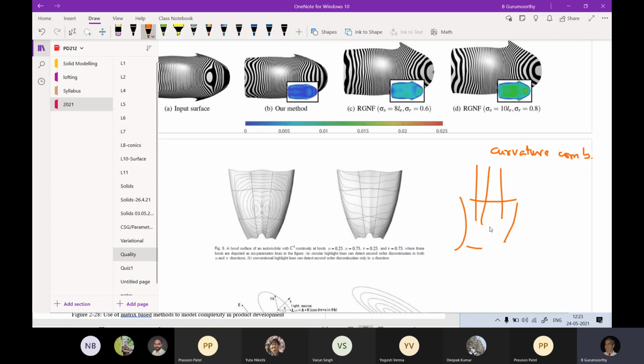Instead of rectilinear lines, if you use circular lines, we treat the light source as producing planar circles of light. On the same kind of hood, I start with planar circles of light and project them onto this curved surface, and I get an image that looks like this. The resulting reflection lines or projected lines look like this.